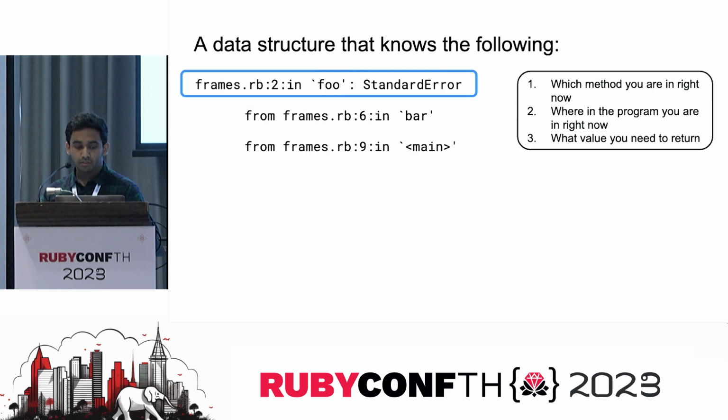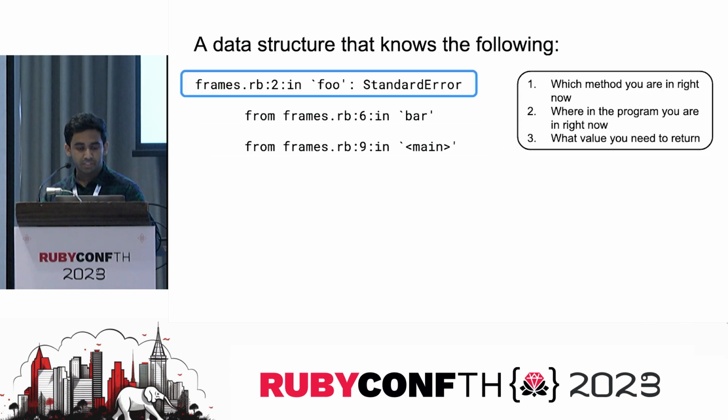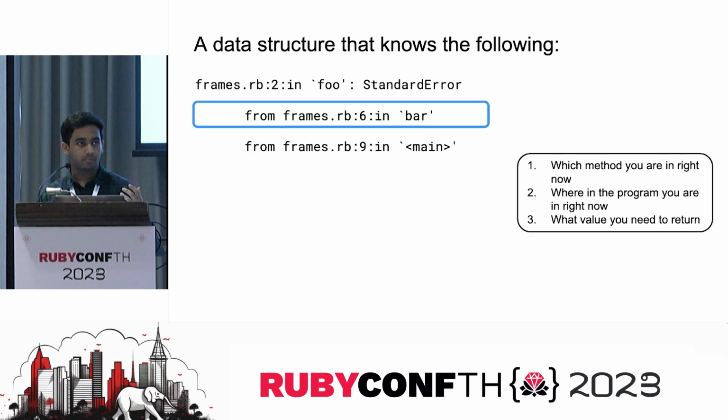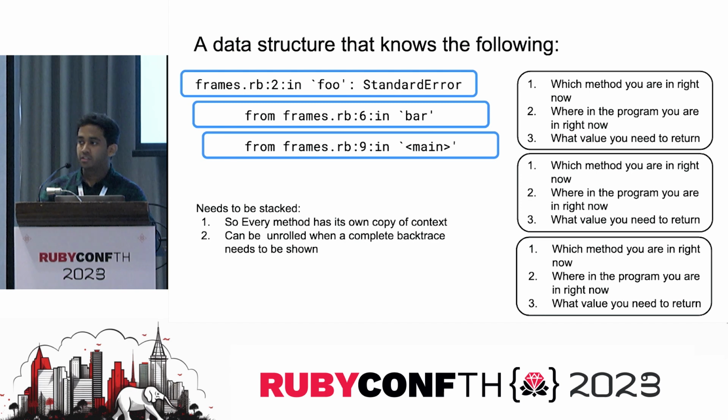All of this is contained within a certain struct for a certain level, and each level has its own context. So you can see for each level in our program we have these certain structures, and they need to be stacked, because if you are, let's say, not handling an error from the foo method, and you want to go all the way back to your top level, you can just keep popping your structure from a certain stack.